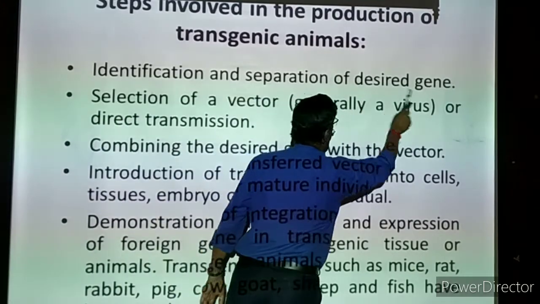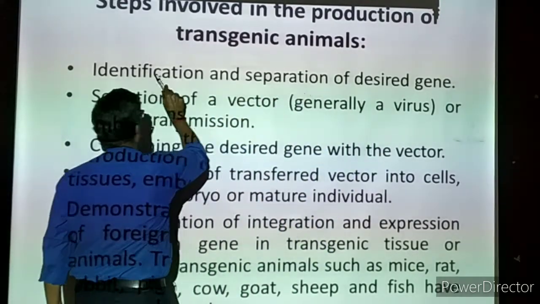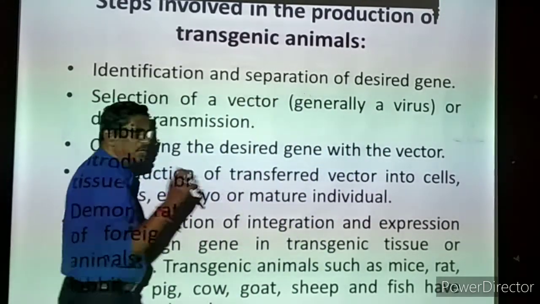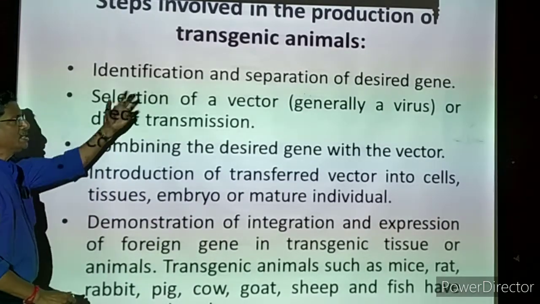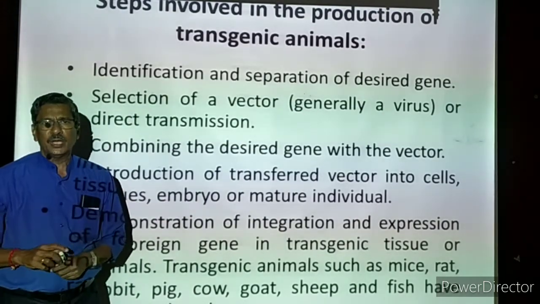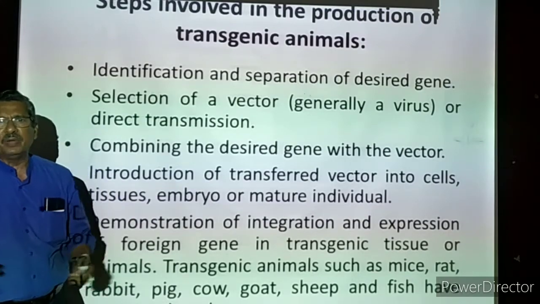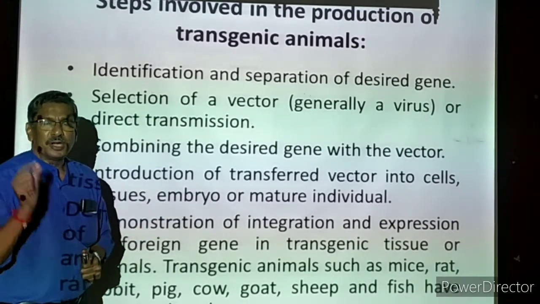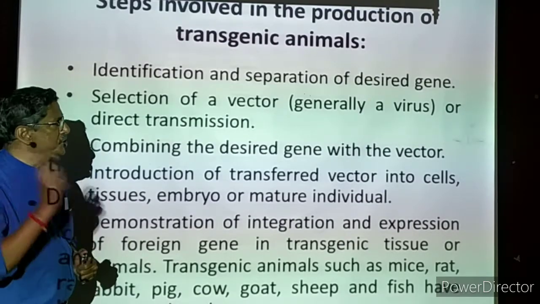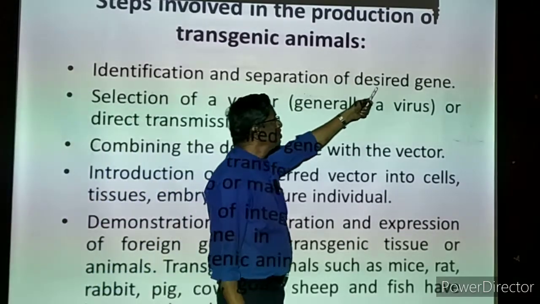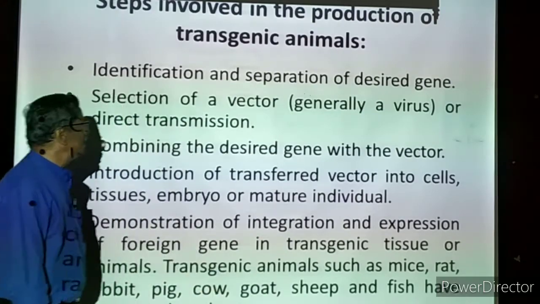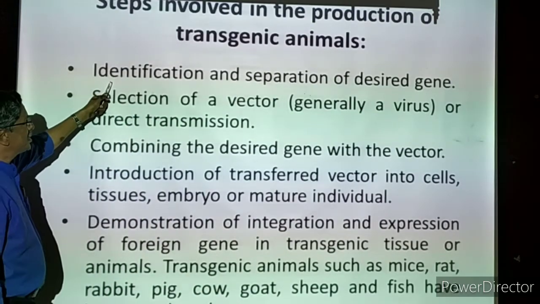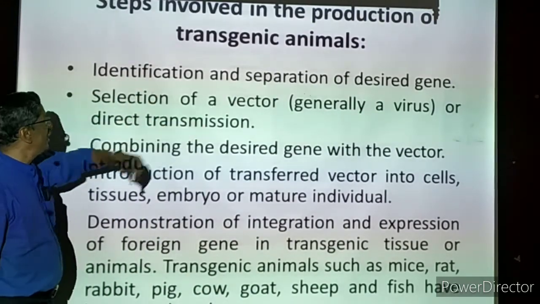We have to identify and separate only that particular gene. I'll give one example. One cow is giving a tremendous amount of milk. So the milk production is extraordinary, and the gene for milk production is a good quality gene. Now we have to take that gene. That is the desired gene. So, identification of such a gene and separation of the desired gene.